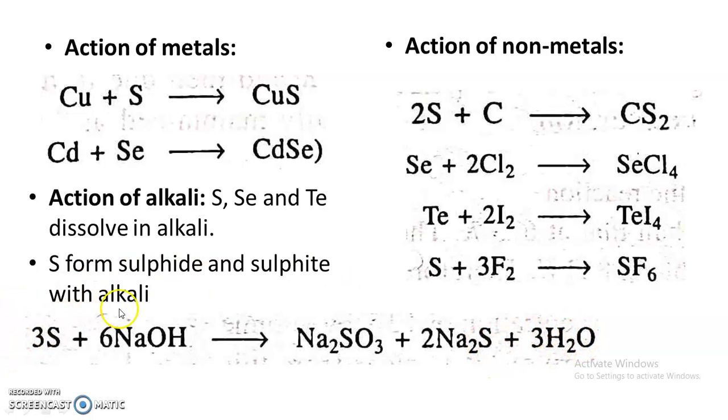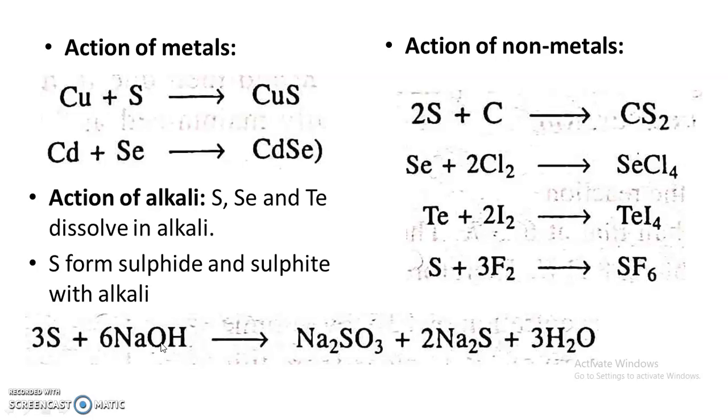So as soon as sulfur is added to a suitable alkali, we get sodium sulfite and sodium sulfide, and sulfur gets dissolved in sodium hydroxide. So these are some chemical properties of group 16 elements.